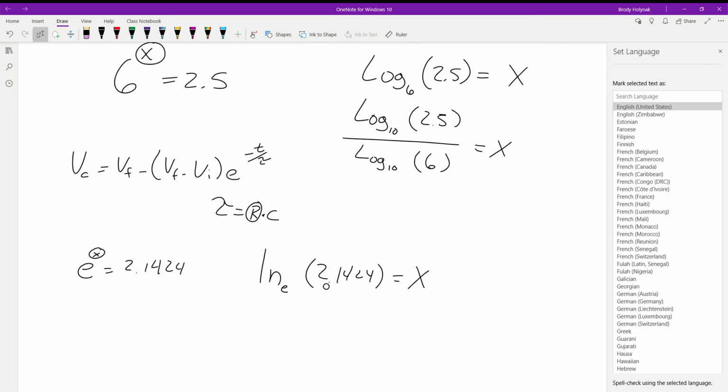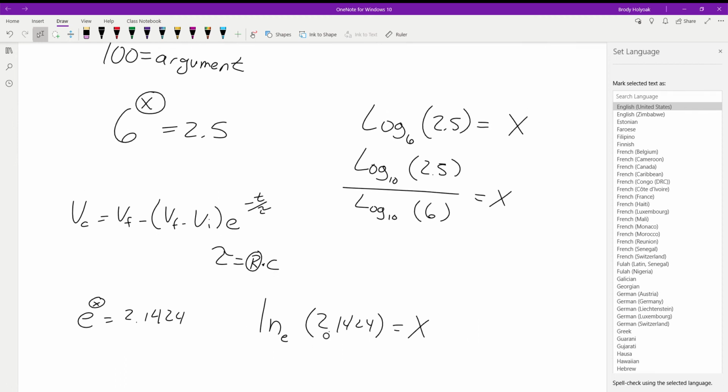But there may be times where it happens, like this one. If we wanted to know what power we need to raise 6 to get to answer 2.5, we would convert it into logs, and because the calculator doesn't have log base 6, we plug in the log of 2.5 divided by the log of 6.